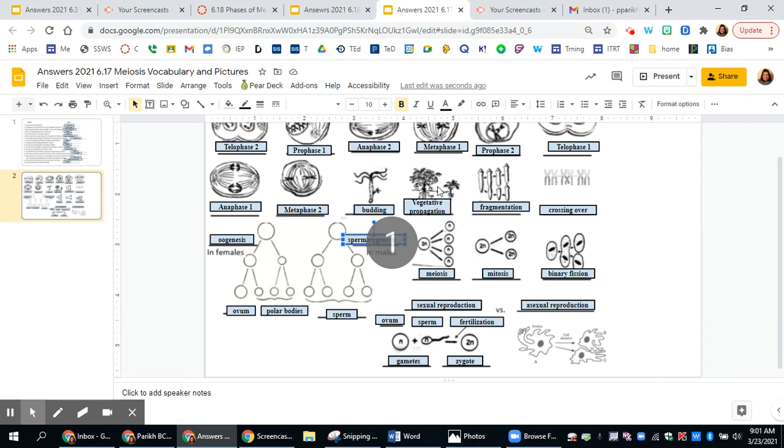There's vegetative propagation, and you may have parents or grandparents or aunts or uncles, or maybe even yourself, where you can take parts of plants and actually make a clone of it by growing it in a different area. And then budding. And so hydra, this is a marine animal. It actually has an exact copy of itself that kind of splits off of it, starts growing on it and then splits off. Yeast also reproduce through budding.